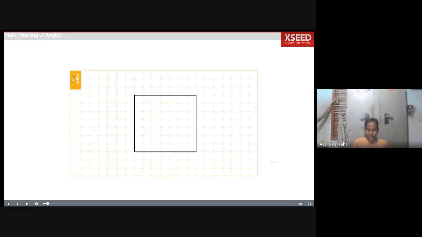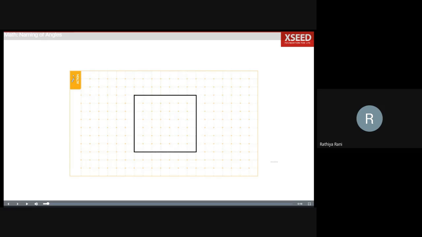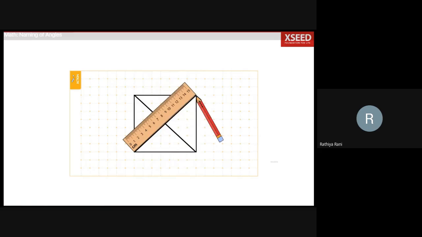Completed, ma'am. Okay, good. Then listen to the video and follow this instruction. Draw the 2 diagonals of the square like this. Just draw 2 diagonals, one crossing the other. There will be 4 corners, right?